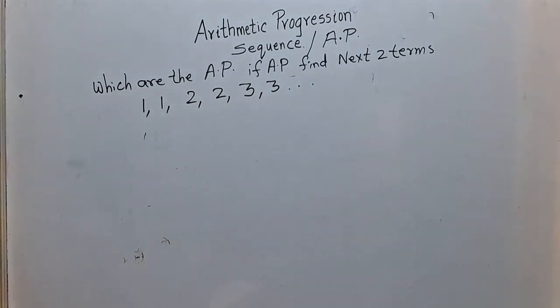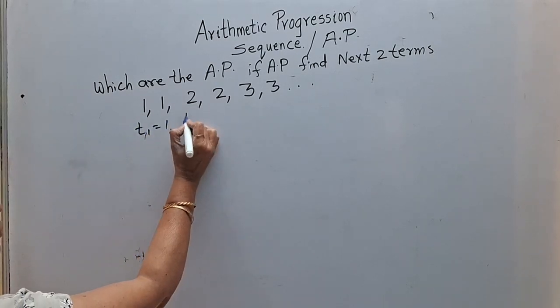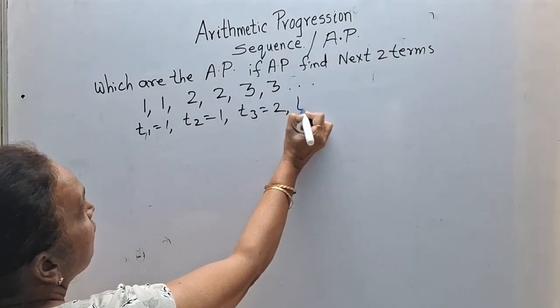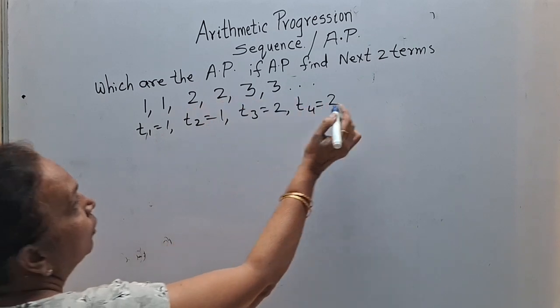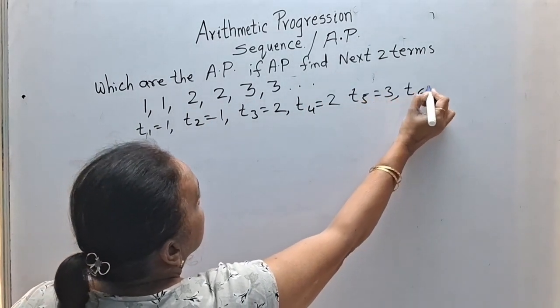They have asked you to find out the next two terms again in this case. So I will be writing here again the same way. T1 is 1, T2 is 1, T3 is 2, T4 is 2, T5 is 3, and T6 is 3.